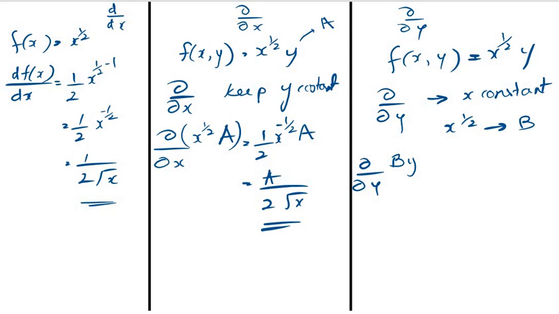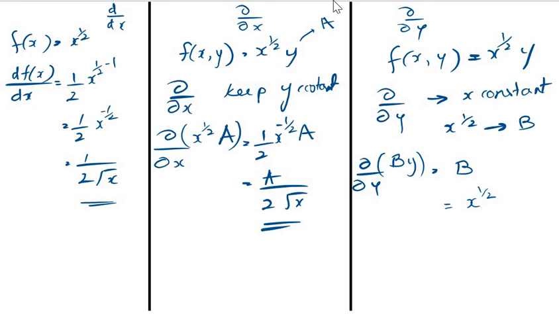So if you differentiate this with respect to y, we get b here because b is a constant. We will take that and then substitute it. So we have b is x to the power half.